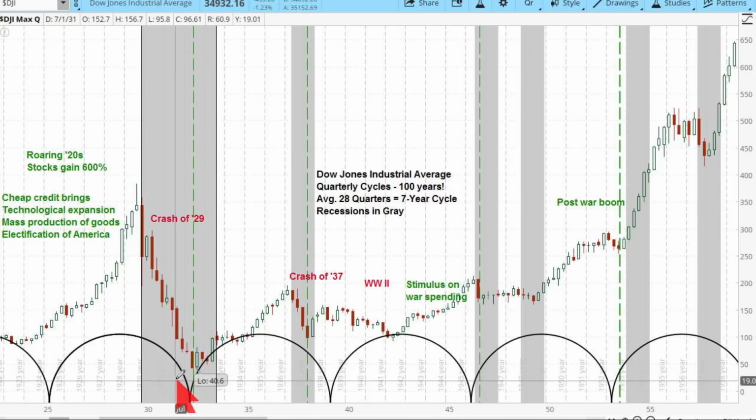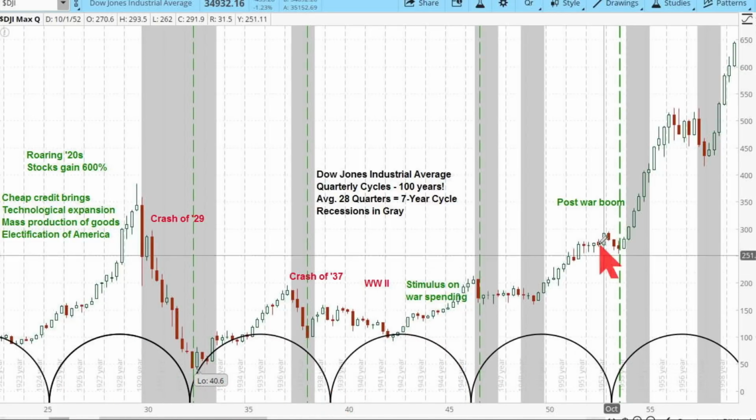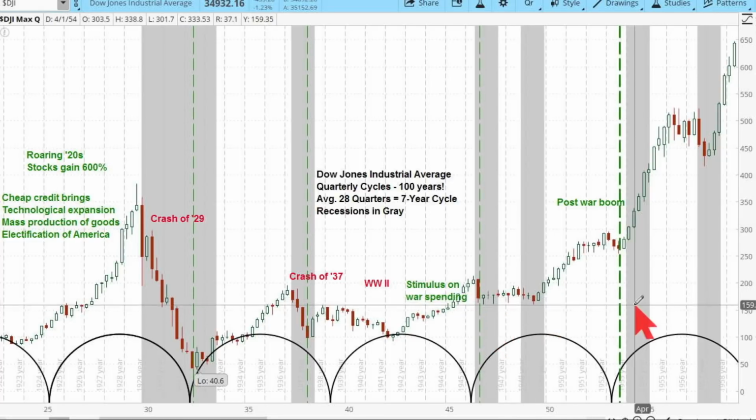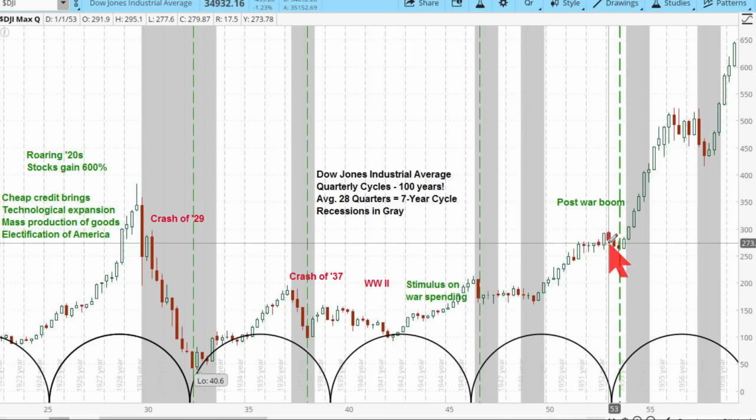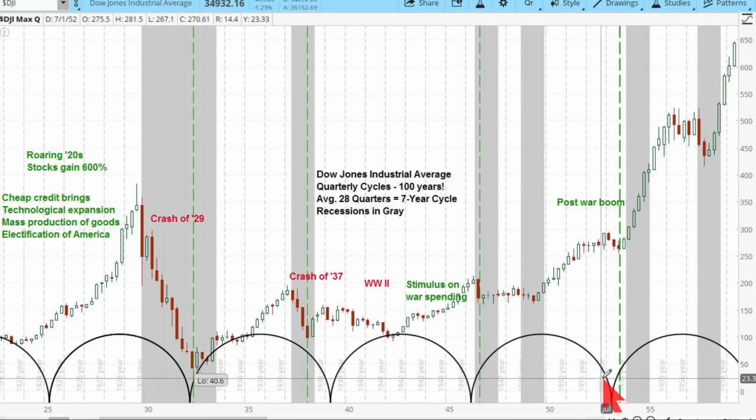So this was 7 years, this was about 6 years, this was 7 years, and here's the post-war boom right over here, and the break that came into 1953. You can see that low is just a couple of quarters late, but again, we're averaging 28 quarters.